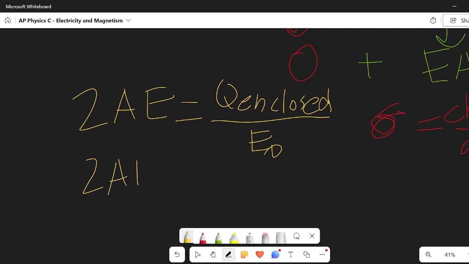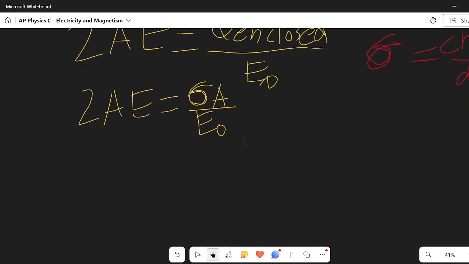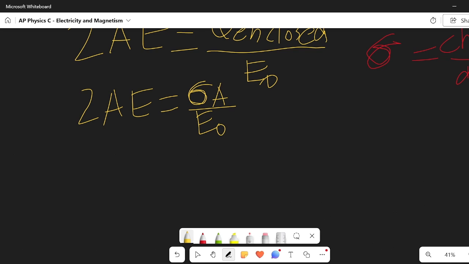So we will get 2AE equal to the charge density multiplied by the area over E naught. When we divide both sides by 2A, we get that the electric field equals the charge density divided by 2 times E naught.